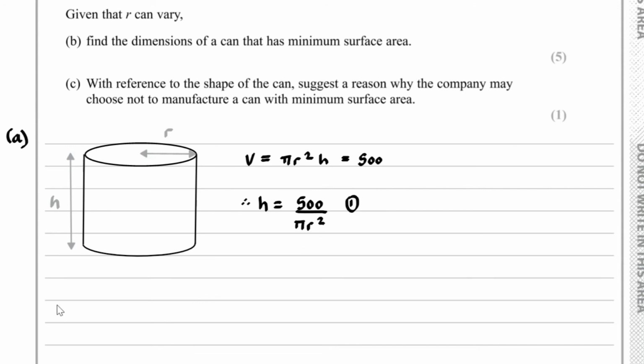Now the surface area S, that's equal to, well, I've got the top circle and the bottom circle, so that's going to be 2 lots of pi r squared. And then I need to add on 2 pi r h, which is the curved bit around the edge. And if I call this equation 2, I will substitute 1 into 2.